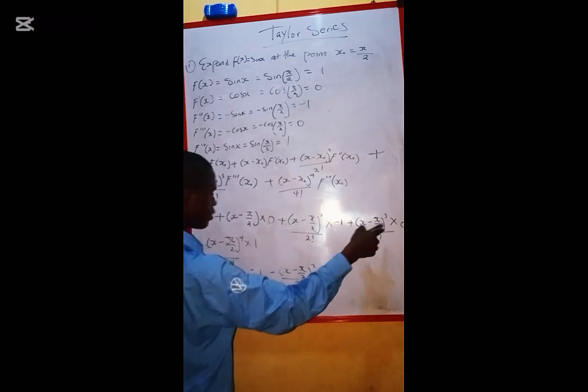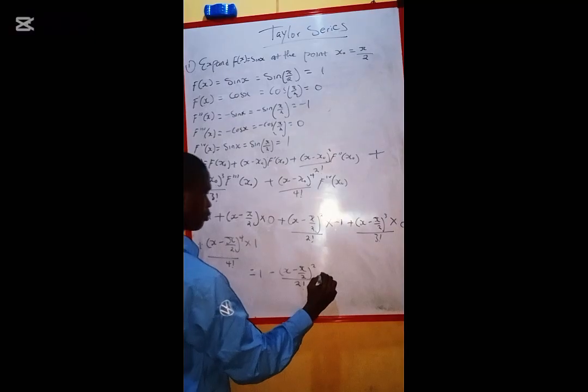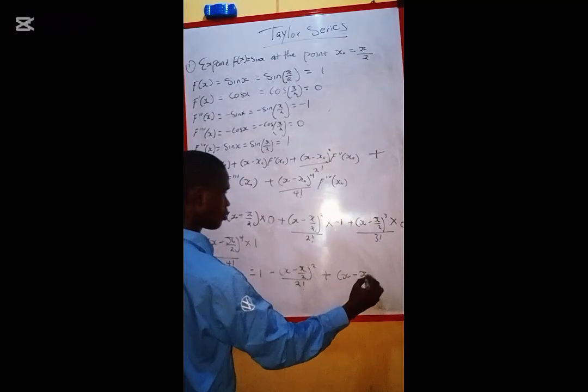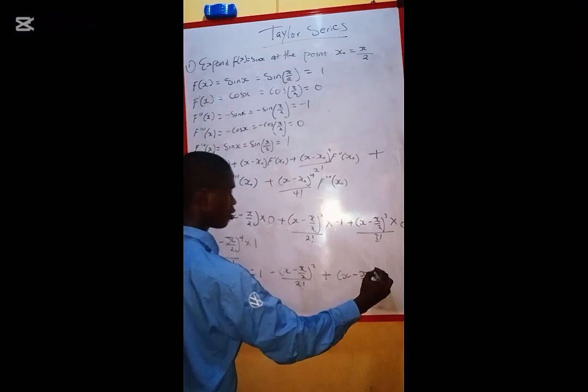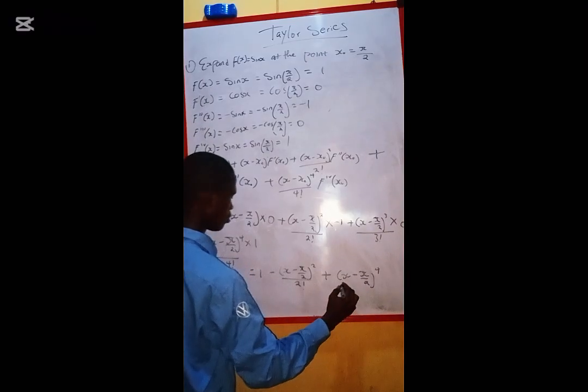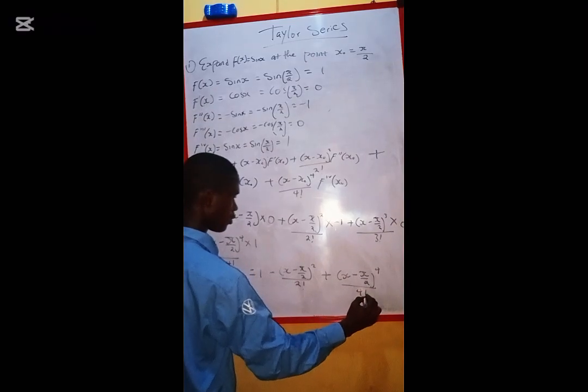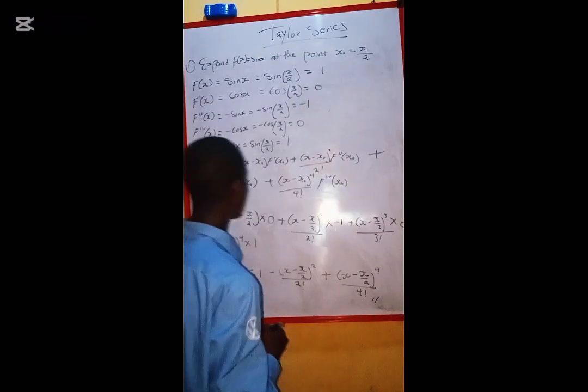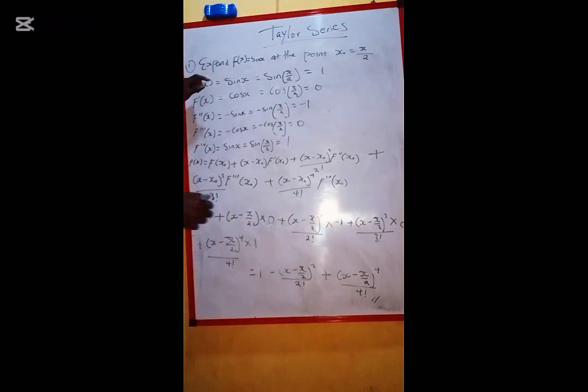The third term was 0, so it means plus (x minus pi over 2) to the 4 over 4 factorial. So that's our answer for this question.